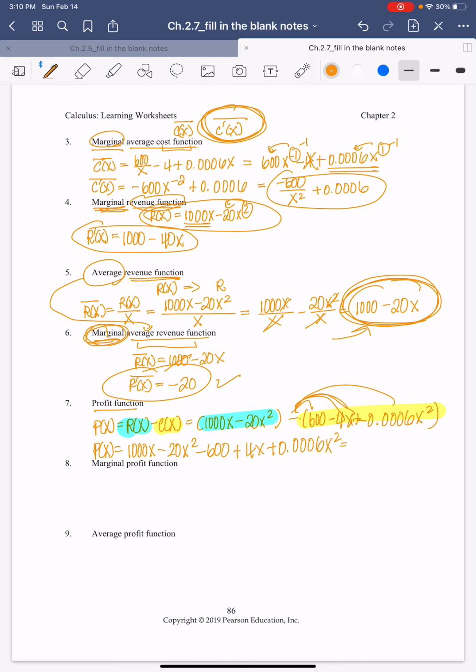And then I have two terms that I can add, x squared. So negative 20 and 0.0006x squared, I'm sorry, this was a minus.